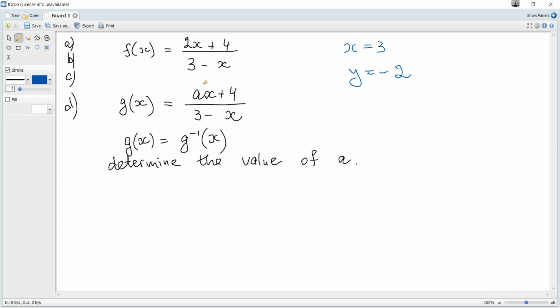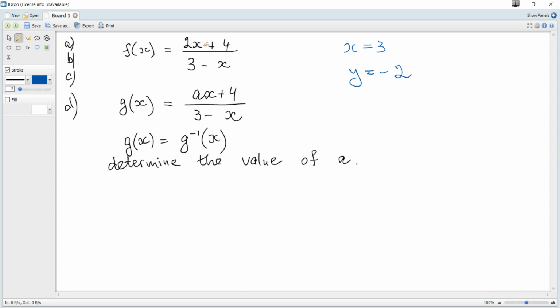And let's review: when the greatest power of x is greater in the denominator than in the numerator, y is 0 would be the horizontal asymptote. It means that the curve falls on the x-axis.